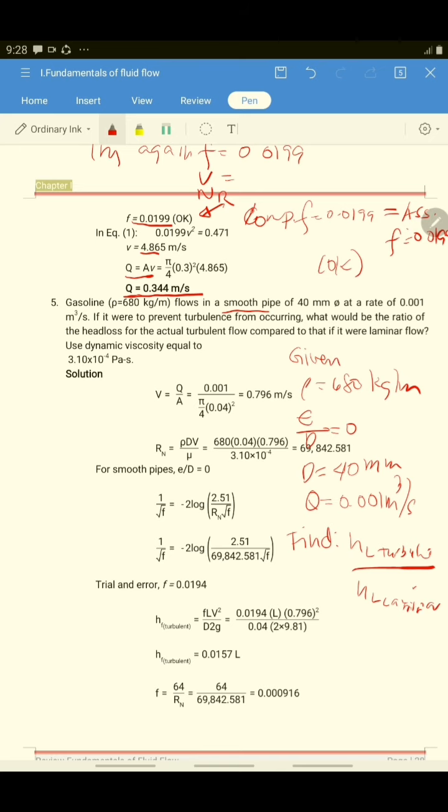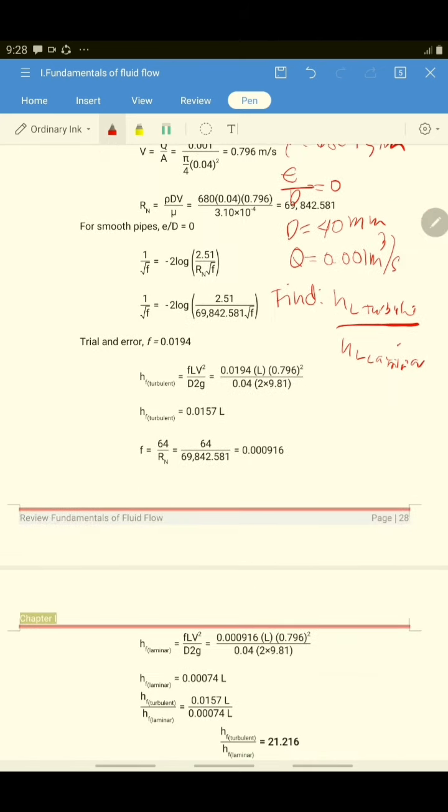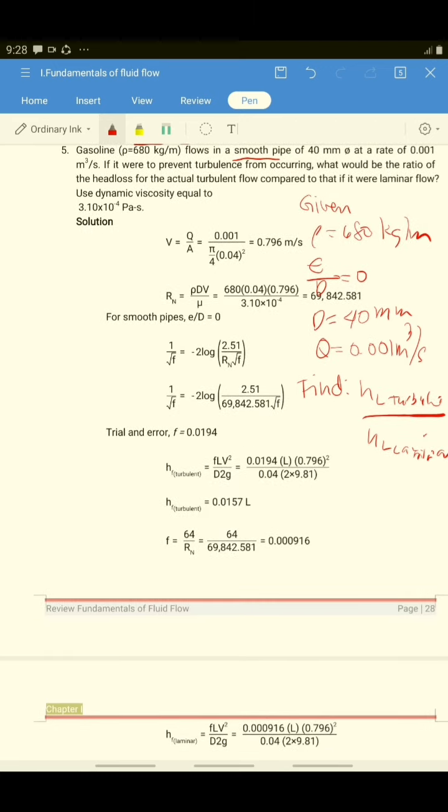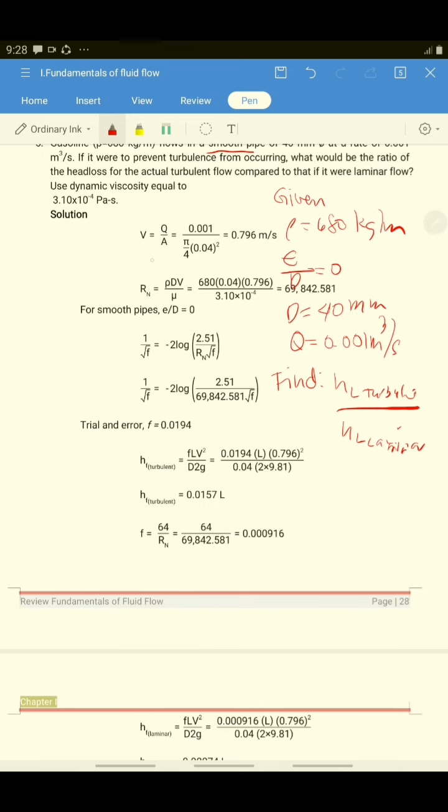So we have here the given Q and the diameter, so you can get the velocity, which is 0.796. Then because you already have the velocity, you can use that in getting the Reynolds number, and it is greater than 2000.